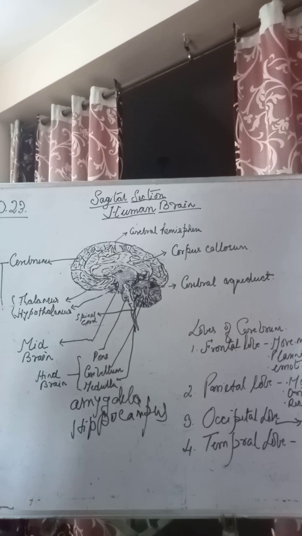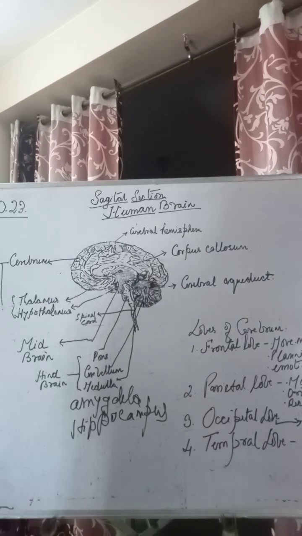The other thing which you need to know is about the midbrain. It is between the thalamus and hypothalamus, and a canal called the cerebral aqueduct runs through this midbrain. The dorsal portion of the midbrain consists mainly of 4 round swellings, which are the corpora quadrigemina.